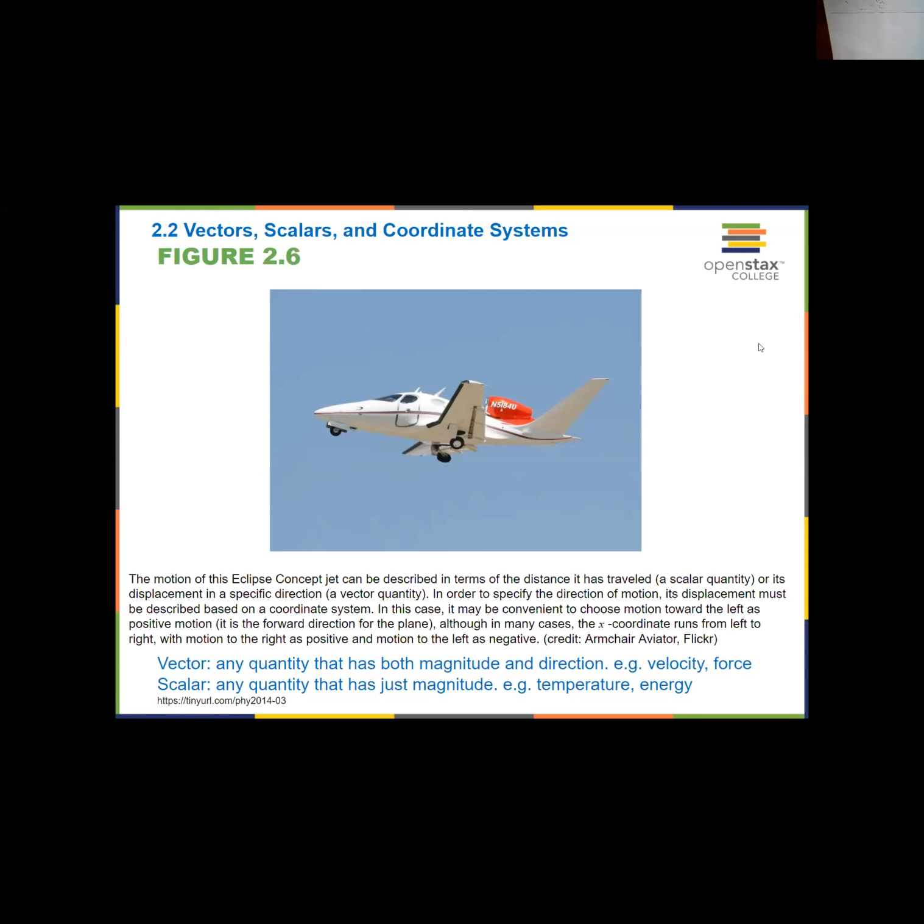Any quantity that has both magnitude and direction is a vector quantity, okay? For example, velocity. When we talk about velocity, we talk about how fast the object is moving and in what direction. That's the difference between velocity and speed. Speed is just how fast the object is traveling. It doesn't specify in which direction. And then force.